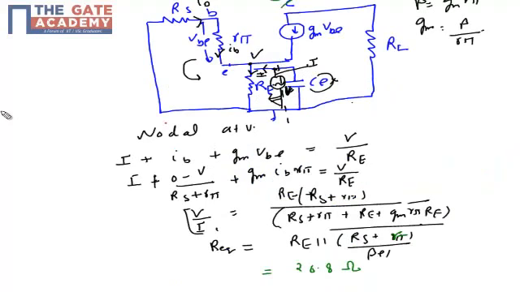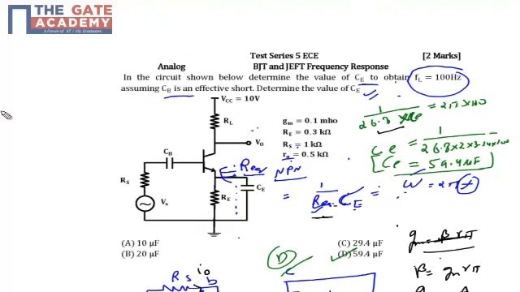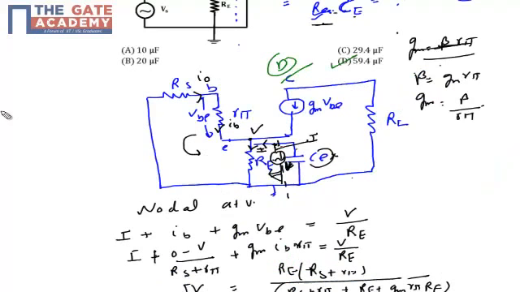This kind of question is very important from the GATE point of view. Whenever the question asks you to calculate the cutoff frequency of a particular terminal, find the R equivalent corresponding to that terminal. Draw the small signal analysis.